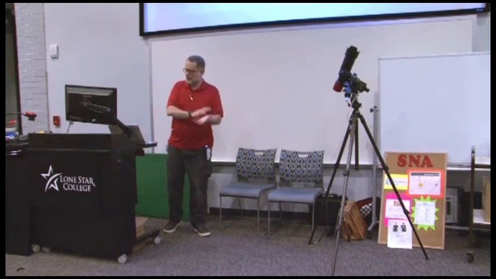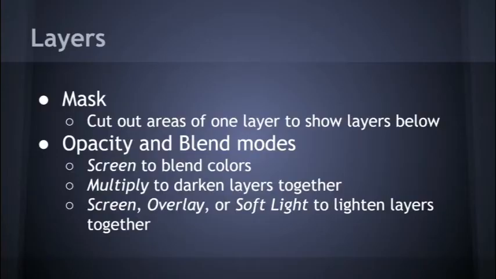That's what screen mode does. Multiply will darken the layers because you're literally multiplying pixel by pixel, and they all go from 0 to 1. So if you multiply numbers below 1, they get smaller. So it darkens layers. Screen, overlay and soft light can be used to lighten layers together.